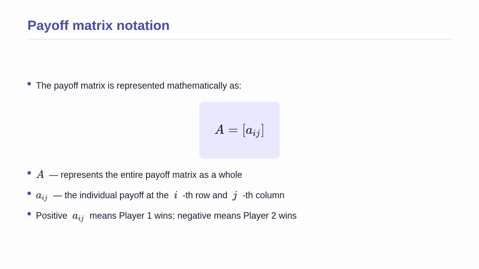The index i represents the first player's choices, and the index j represents the second player's choices. If this number is positive, it means the first player gains that amount and the second player loses it. If it is negative, the first player loses that amount, meaning the second player actually wins it. Understanding this notation is crucial for our next steps.